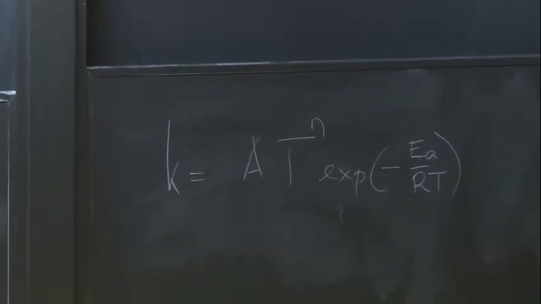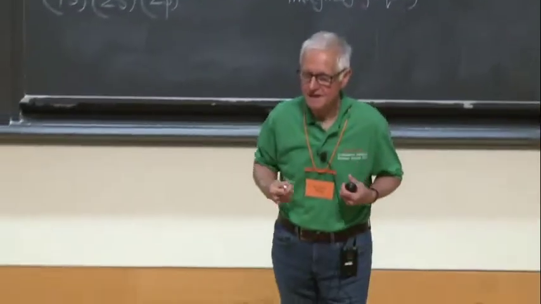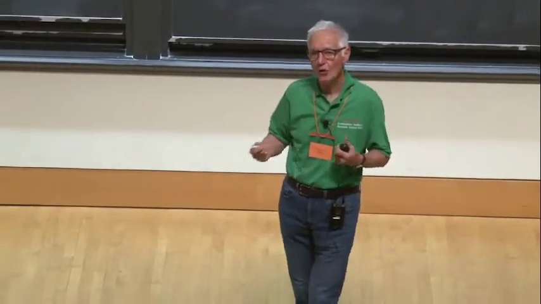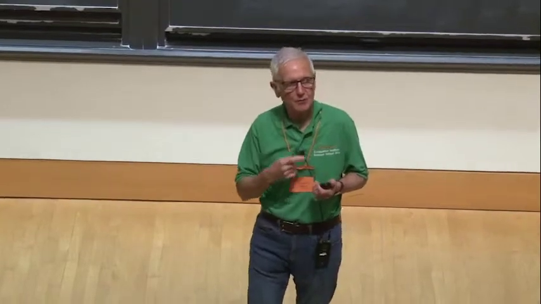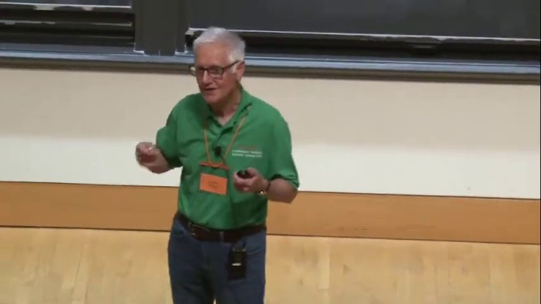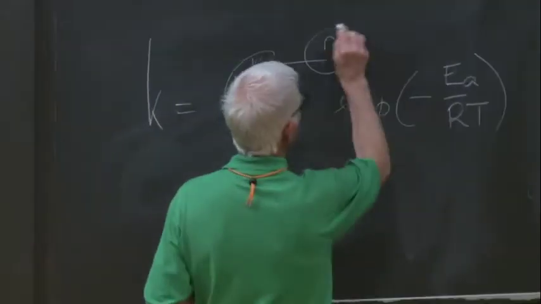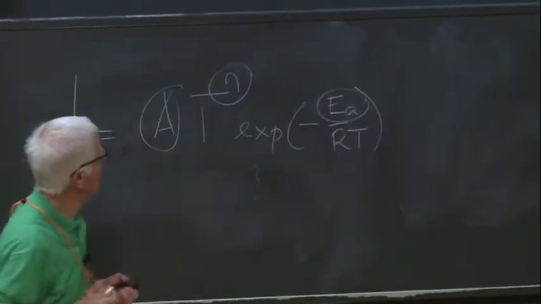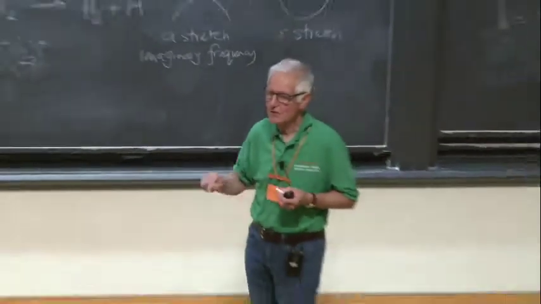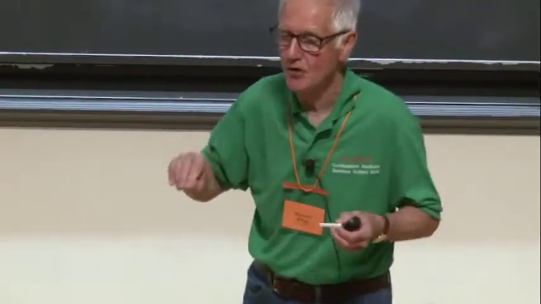And those parameters there are obtained by fitting, either to the theory or to the experiment. What you probably do here is fit to the theory because the theory has been fitted to the experiment. And you'd fit 3 parameters, A, n, and EA, and in themselves, they are just fitting parameters.